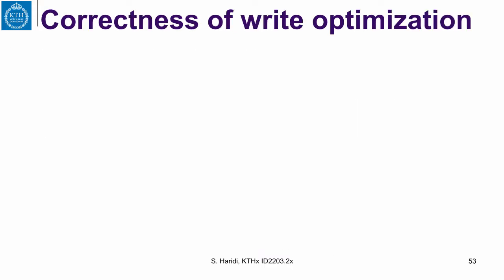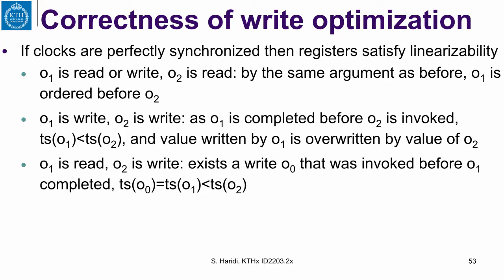So let us now look at the correctness of the write operation. We assume now, as a first trial, that our clocks are perfectly synchronized. So it's zero synchronized. In that case, actually, the registers satisfy linearizability. And let us see why. Assume that the first operation, O1, is a read or a write, and the second operation is a read.